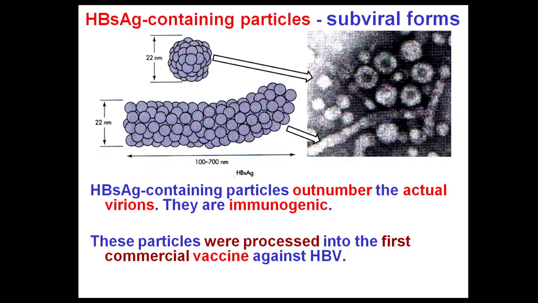But those particles are highly immunogenic, so they may act as a decoy for antibodies produced against hepatitis B surface antigen. So in fact, instead of binding with the Dane particle, antibodies may bind with these spherical or filamentous hepatitis B surface antigen particles, and then they will be wasted for nothing because those are not infectious.